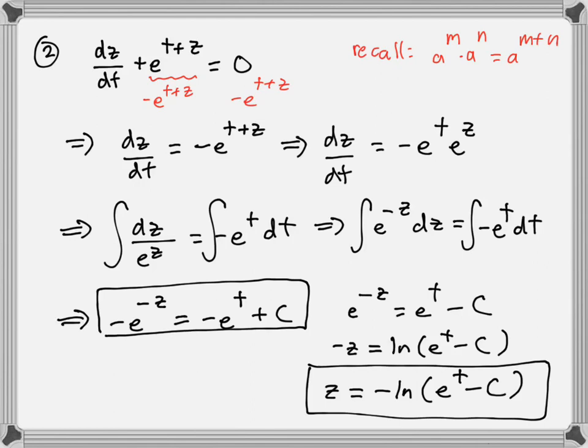Okay, let's do another one. How about the following differential equation? dL dt. Actually, let me write the instructions a little bit different here. This time I'm going to write to solve the initial value problem.